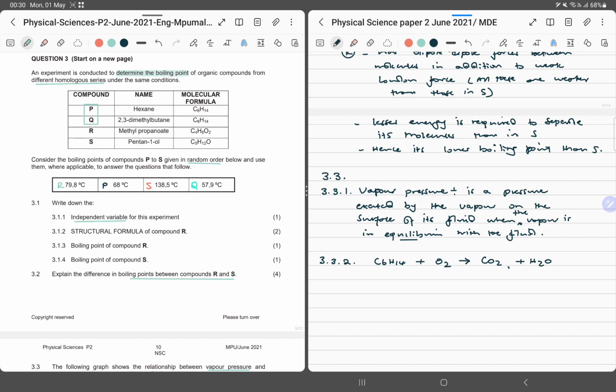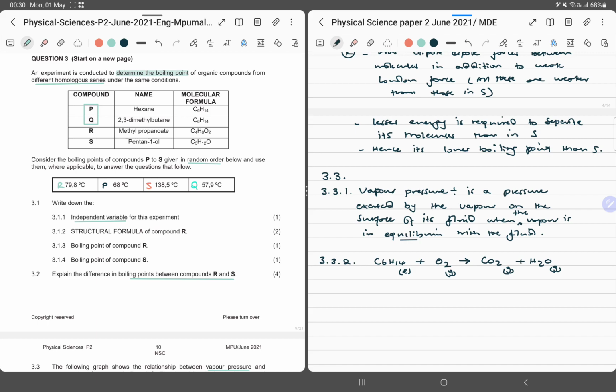Of course, this is a gas, this is also a gas, this is a gas. This is a liquid. Remember, anything that is more than 4 carbons in a chain is a liquid, most likely. Anyway, let's leave it at that. We don't care what it is, but it's a liquid.